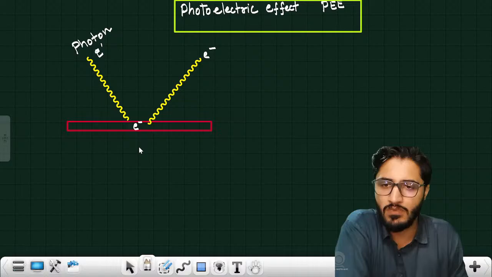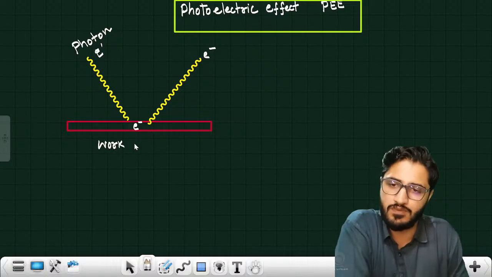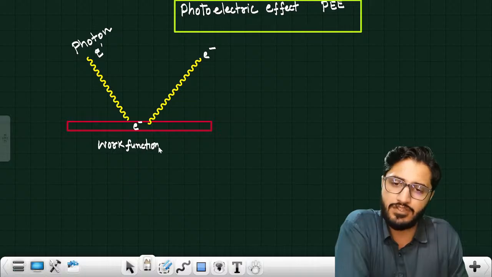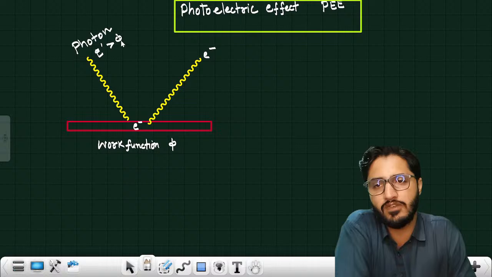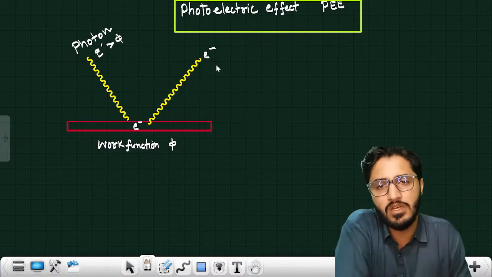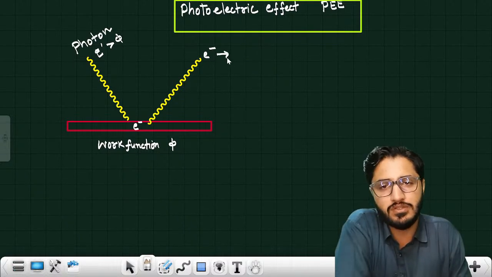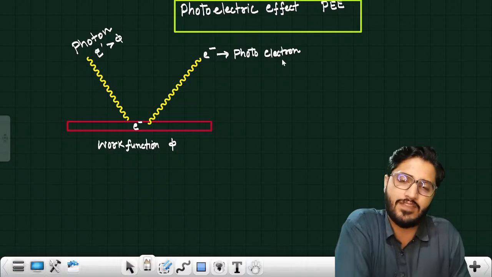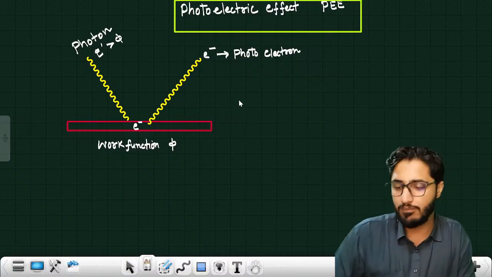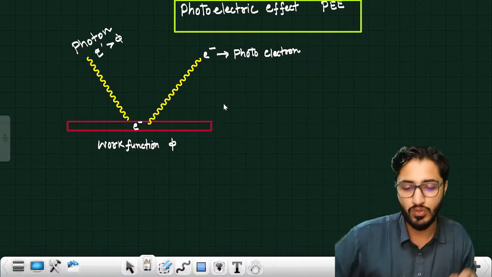Work function of my material, that means the minimum energy required to get the electron out from the surface, is phi. My incoming energy is more than work function, so my electron gets out. This electron has a specific name, photoelectron. The electron which gets ejected due to the help of light is known as photoelectron.